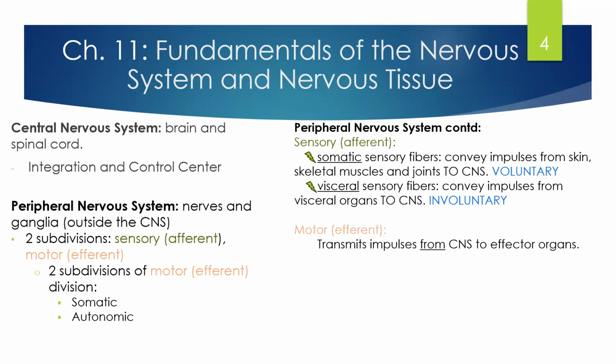Again, this would be picking up the glass of water because you're thirsty. Visceral sensory fibers convey impulses from the visceral organs to the central nervous system. This is involuntary. So again, the difference between somatic and visceral, one is voluntary and the other is involuntary.